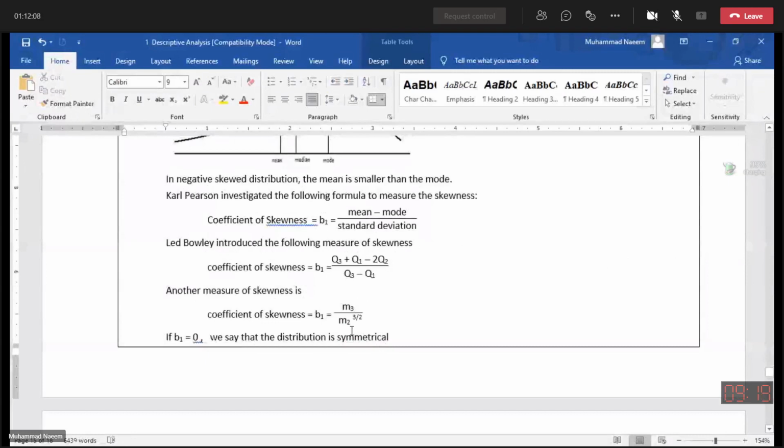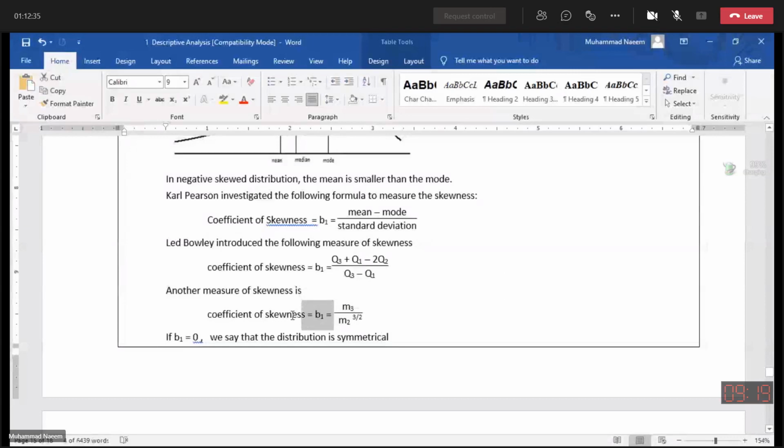Remember, the second moment about the mean is the variance, and variance is always positive. This means this ratio is decided, either 0 or negative or positive, just on the basis of M3.